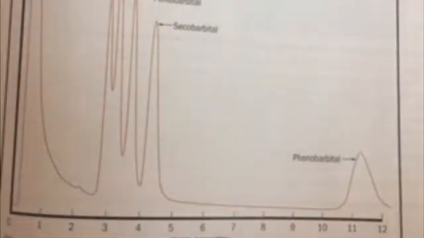This shows a chart of several barbiturates, which are closely related compounds, which were injected into the gas chromatograph. The bottom line is divided into minutes, as you can see. It separated the barbiturates quite nicely, and this is a good example of how gas chromatography is used in the crime lab.